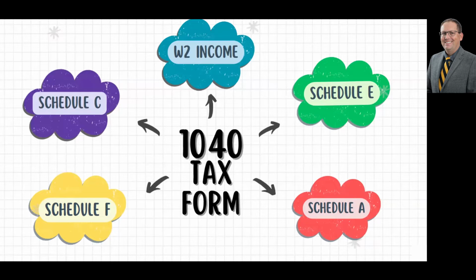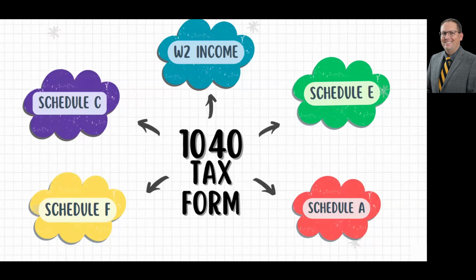Now we want to switch gears and talk about what's in that tax form. A lot of times people are familiar with the 1040 tax form that you may have done as an individual, or maybe you have to do with your business. How do all these pieces fit together? On the top side of this graph, we've got the W-2 income.